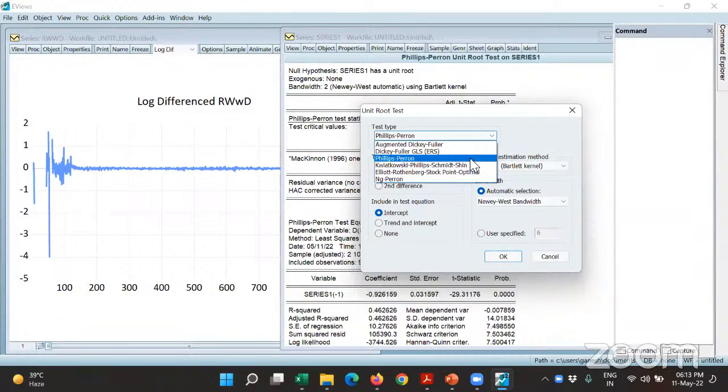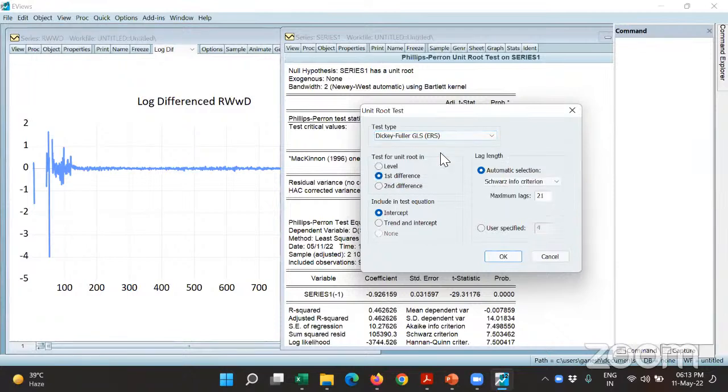If, for example, the sample size is relatively low, you report the Dickey-Fuller GLS test, where the power of the test is slightly better for small sample data sets. That's the first aspect. The second aspect is, even if you have chosen a particular test, you need to be mindful about which option you select.